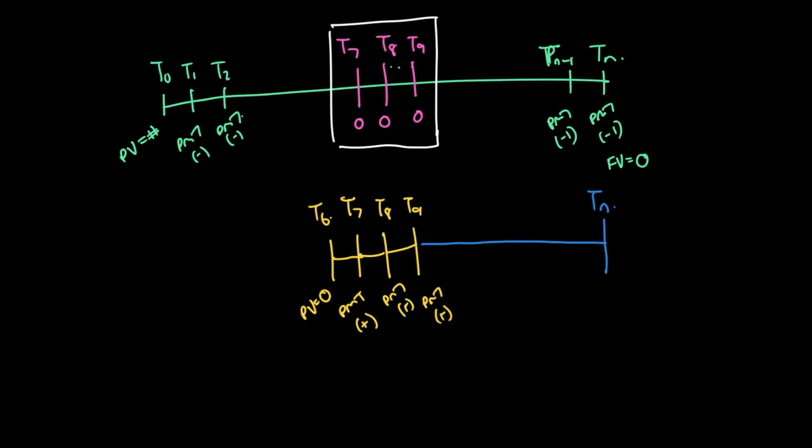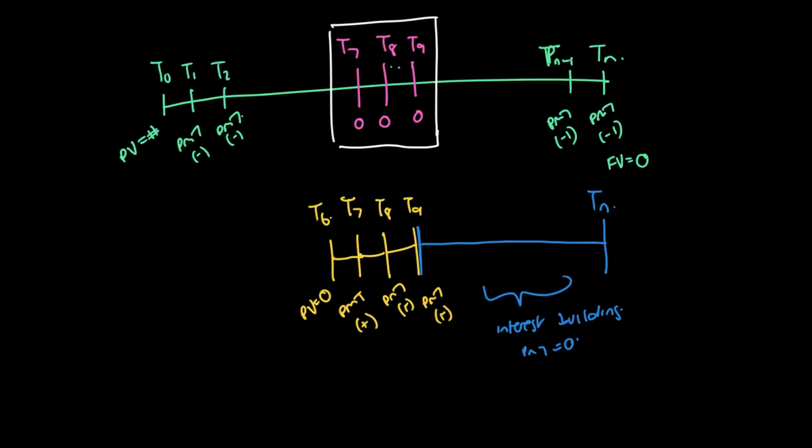So from T9 to Tn is just a standard loan where interest builds. So interest is building. So that's almost like just a standard loan with no payments occurring. So interest is just slowly building up.